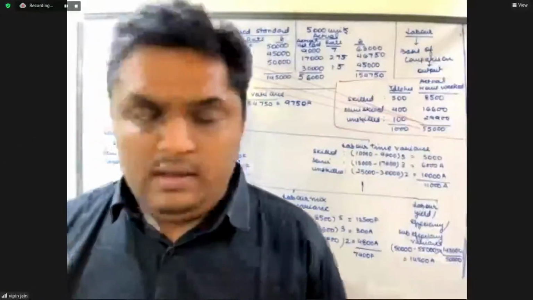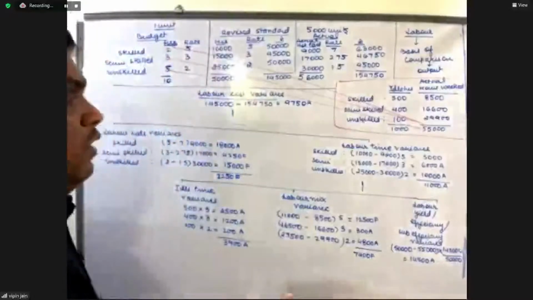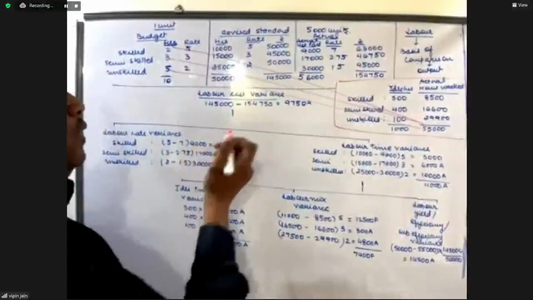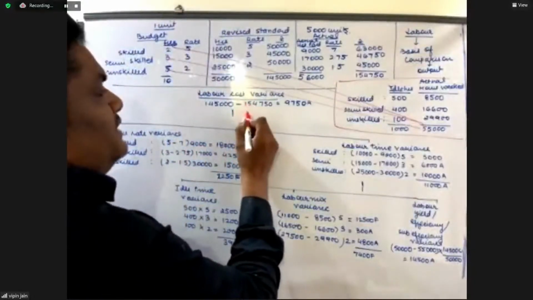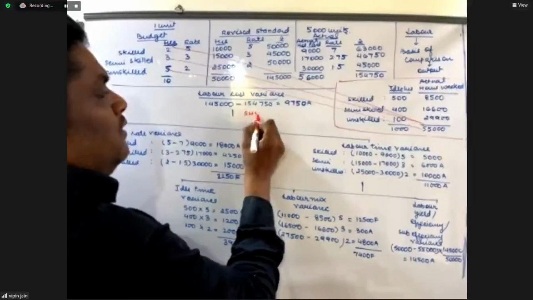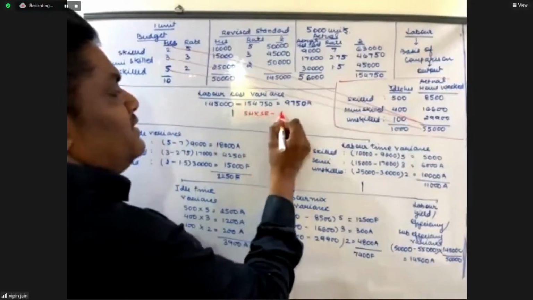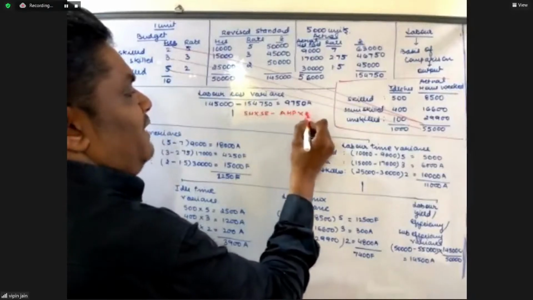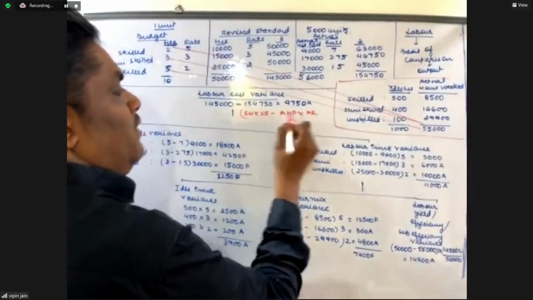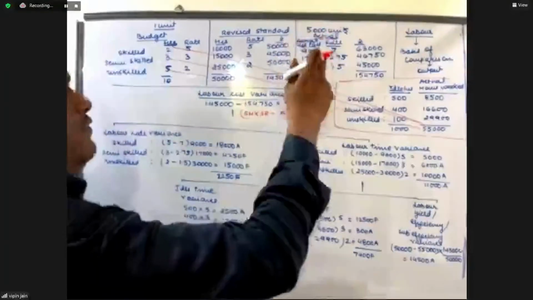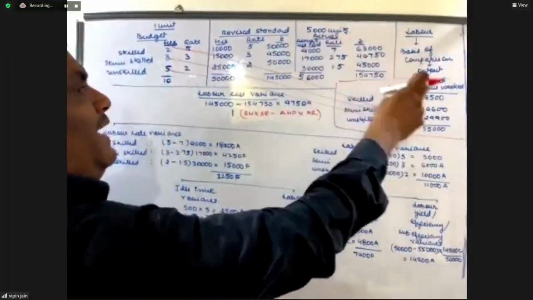So there will be a small change in the formula. Labor cost variance is standard hours into standard rate minus actual hours paid into actual rate. So herein we'll be using two terms, actual hours paid and actual hours worked.